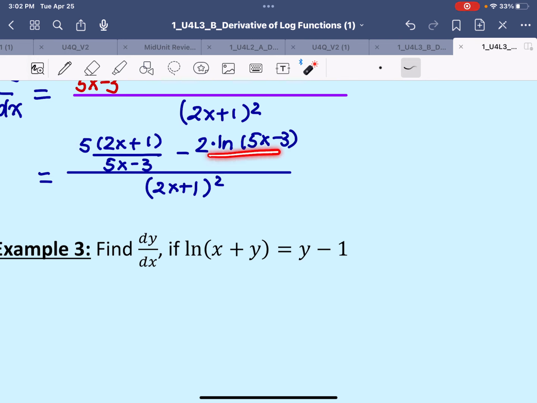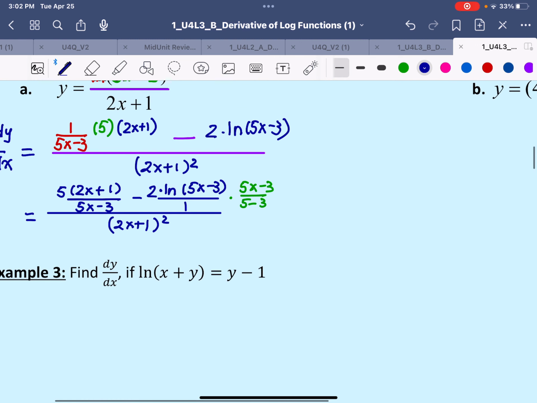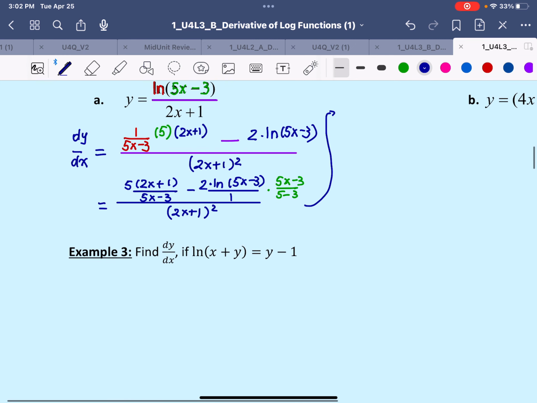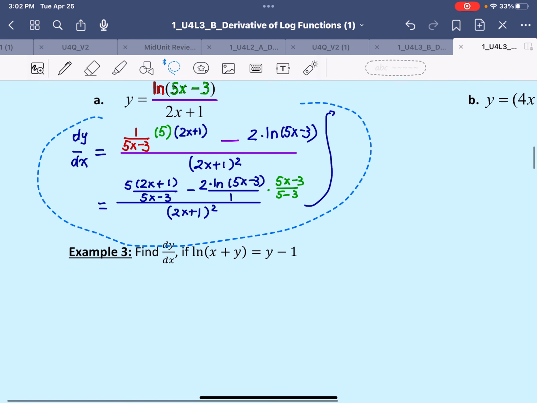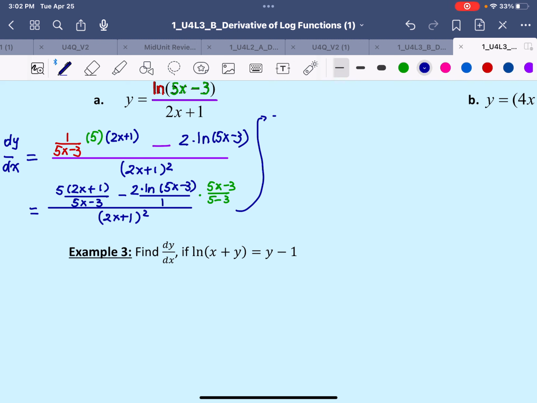So first we have to combine the terms in the numerator. So this will be over 1. And we'll multiply by 5x minus 3, which is the lowest common denominator, both top and bottom. And that will make the denominator, well, the denominator is the same, obviously, but the numerator now will change. Let's simplify. Big fraction line.